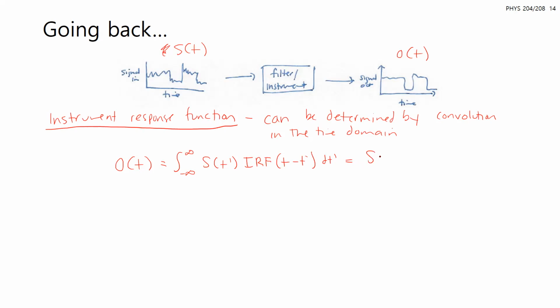So our output signal is our input signal convolved with the instrument response function in time. Convolution is a mathematical tool that you'll use to understand how your signal is modified in the time domain. We can also do this in the frequency domain as well, and that's called the frequency response function.